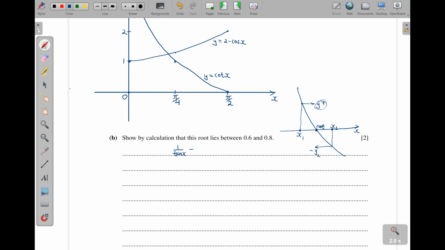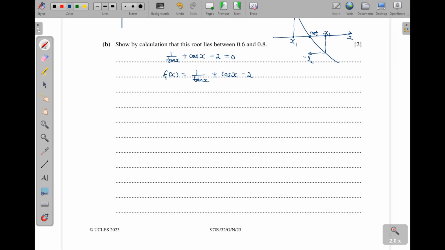Then when the cos crosses, because it is a negative, it is going to become a plus, and the 2 will become a minus. So my function in terms of x is going to be 1 over the tan of x, plus cos of x minus 2. Now I can substitute the 0.6 and then the 0.8.